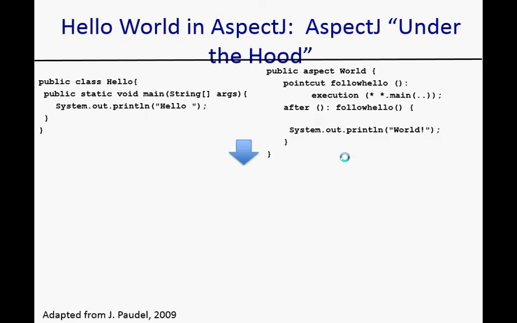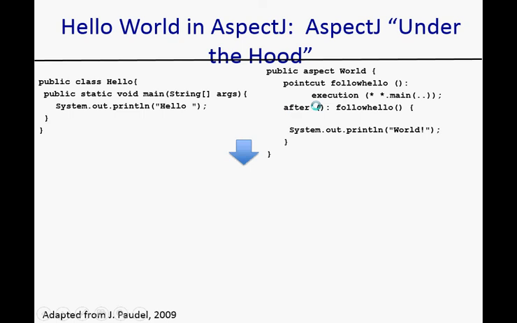Okay, so ladies and gentlemen, just to think about a hello world program, we could have Hello here and World. Hello is a class. The aspect is World. And this specifies a point cut following Hello. So following the call to main, just after this execution. So this is specifying the execution of main.